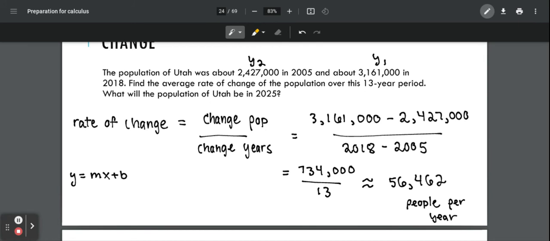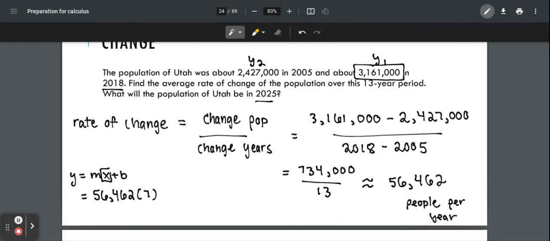We're just going to say if this is our starting point, if we're at 0 there to start, we would then, to solve for how many people, take our slope, which is 56,462, multiply that by 7, because 7 is the number of years between 2018 and 2025.